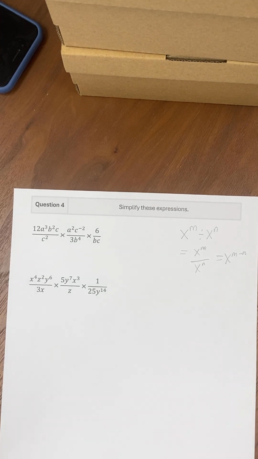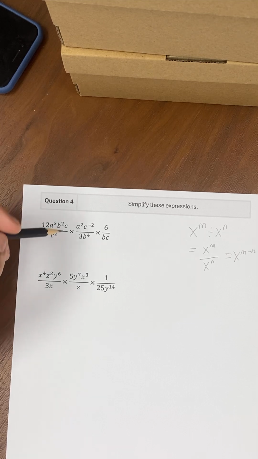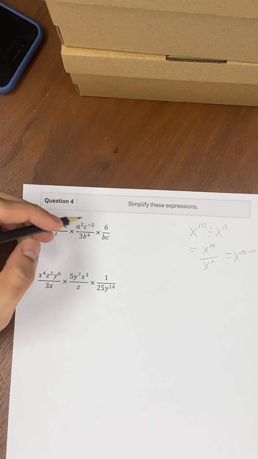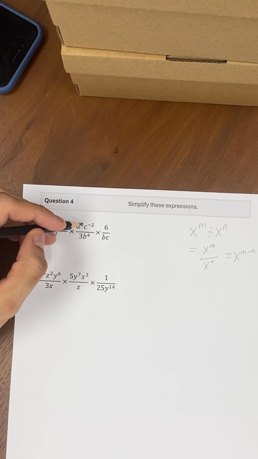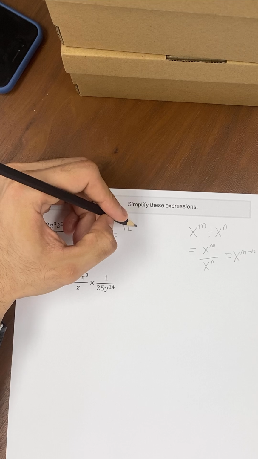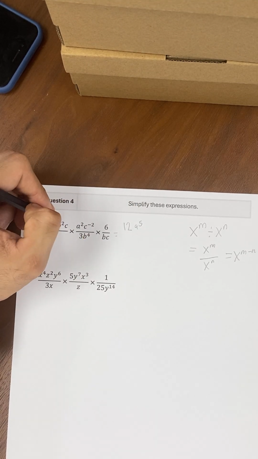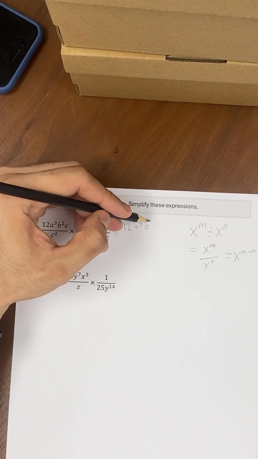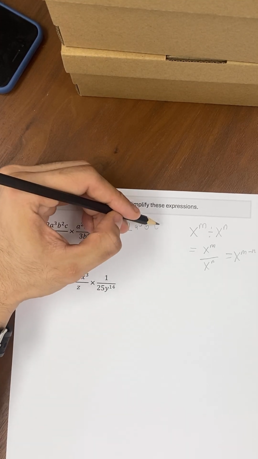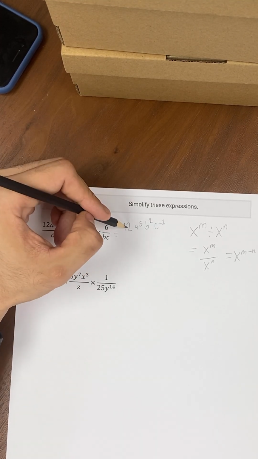So using this rule, I just have to count. A^3 times A^2 equals A^5. So I start rewriting. B^2 is B^2. C times C^-2 is C^-1.